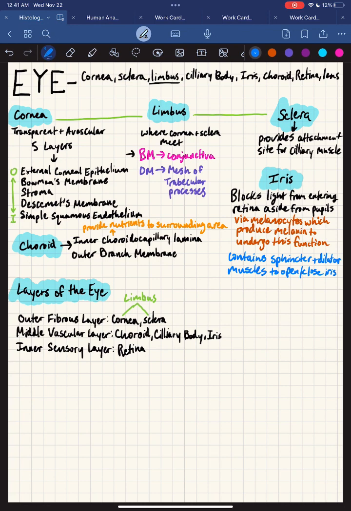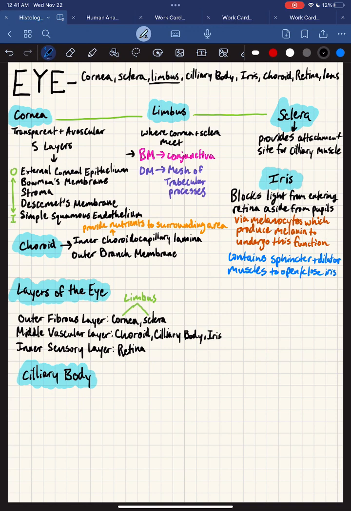And then we've got the ciliary body. I'm kind of going here in order of complexity just so we can kind of build our way up and you know which ones to glance through and which ones to actually focus on and somewhat memorize. So the ciliary body is actually going to be made up of 3 different things.